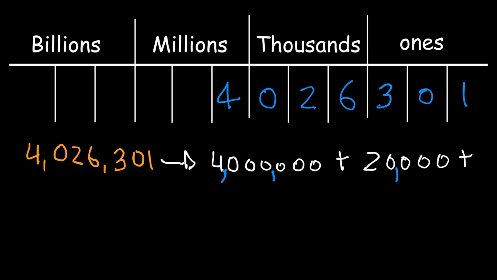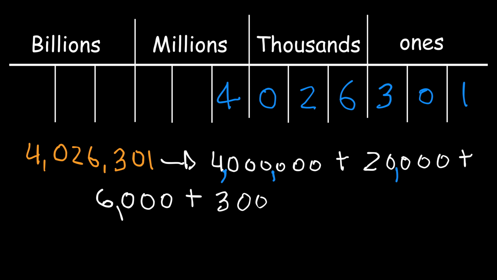Now, the number 6. This number is under the thousands, so let's move towards the right. 1, 2, 3, followed by three zeros, and it's 6,000. So it makes sense because it's under the thousands place value. Now, the 3. The 3 is under the hundreds, and if we move towards the right, 1, 2, followed by two zeros, that is 300.